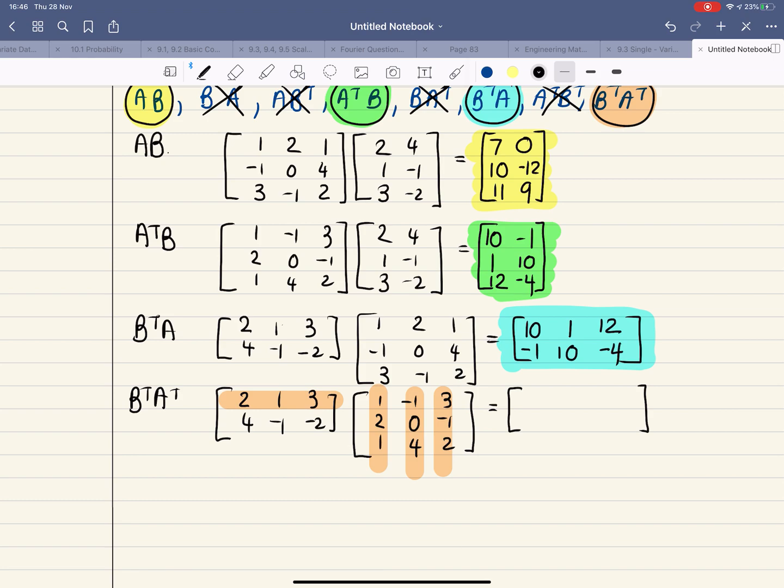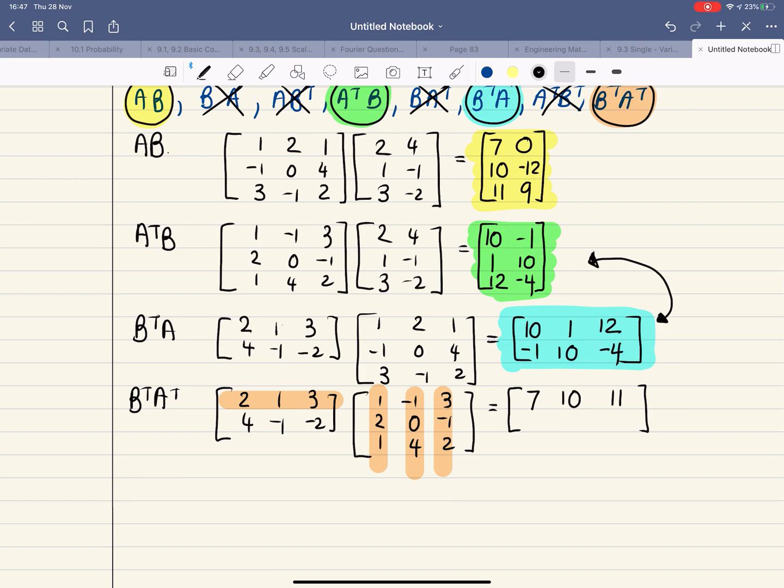So it's 2 times 1 is 2, plus 2 is 4, plus 3 is 7. Minus 2 plus 12 is the next one, is 10. 6 minus 1 is 5, plus 6 is 11. Look what's going on here. I should have stressed this before now.